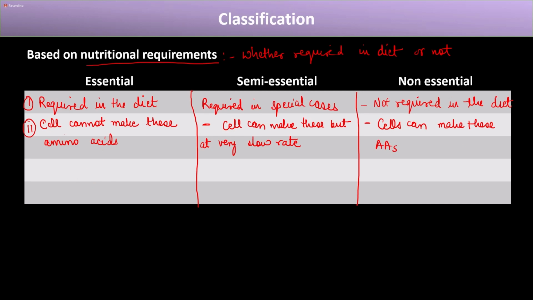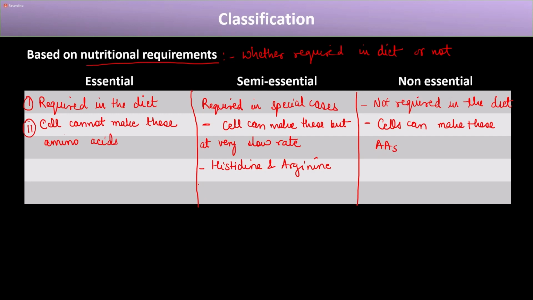Now, what is the example of essential amino acid? We'll just see. But for now, just write the example of semi-essential amino acids: histidine and arginine. These are semi-essential because our body can make them, but at a very slow rate.